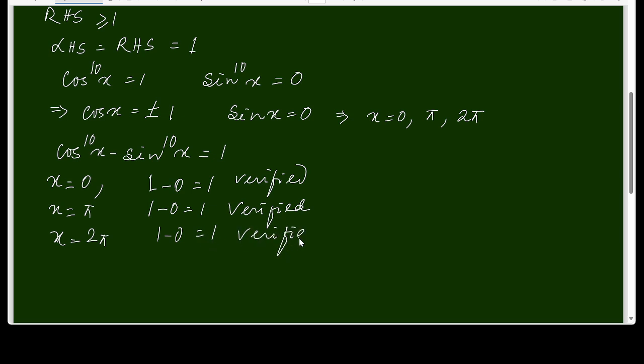So what is the generalization? That means cos power 2nx minus sine power 2nx equals always 1 when n is a positive integer, or 2n is an even power.